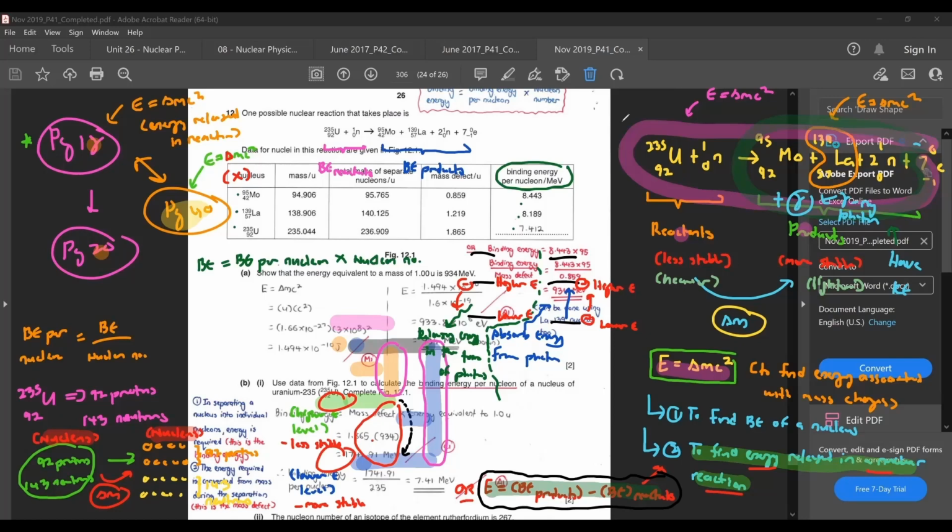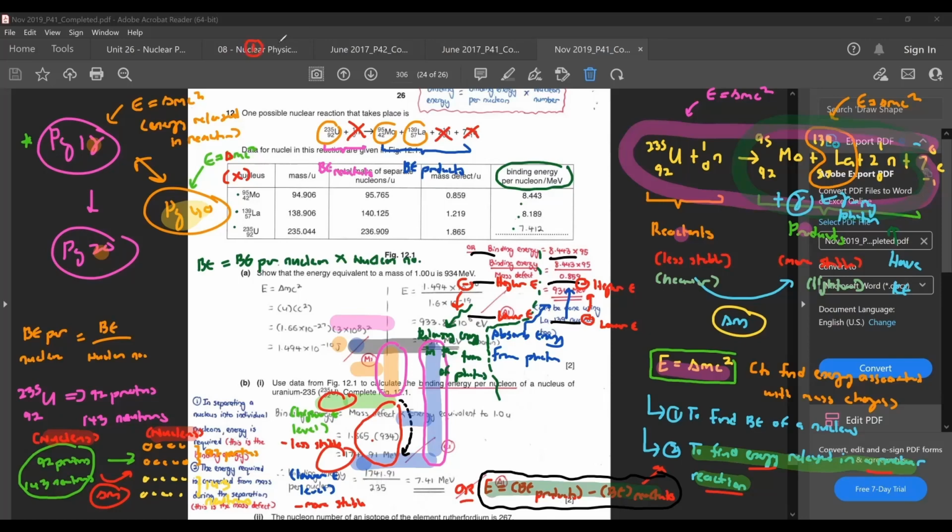Now, another thing I should mention is this. You are only finding the BEs and summing them for these particles only. But you will not be finding BEs for neutron as well as electron. Why is it that you do not find the BE for neutron and electron?